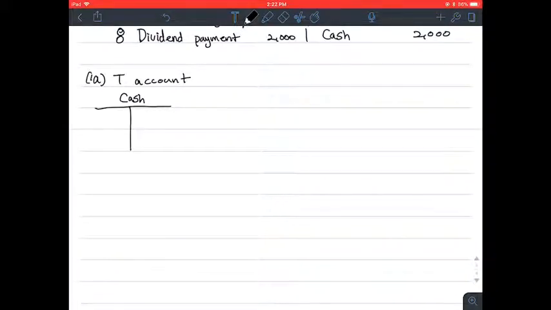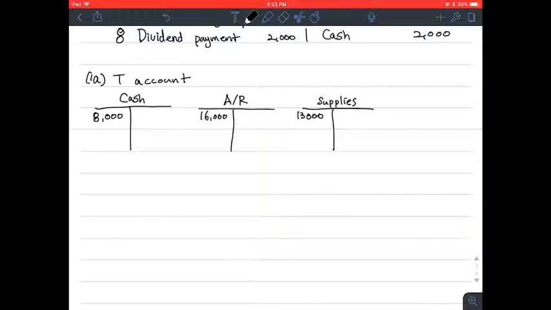So you have to write the previous balance, which was 8,000 on the debit side for cash, and for AR there was a balance of 16,000 on the debit side, and for supplies there was a balance of 13,000 on the debit side, and there was a prepaid rent.